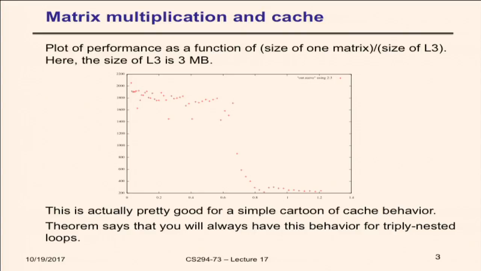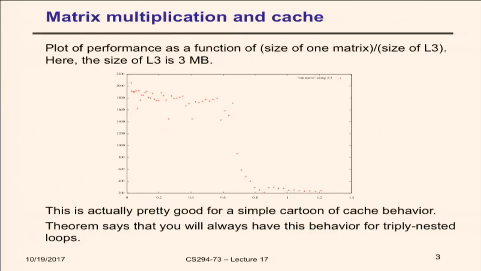I would encourage you, if you're interested, to run the same experiment on whatever machine you're running on and see how good a correlation you get between when you fall off the table and the size of the matrix relative to the size of your L3 cache.